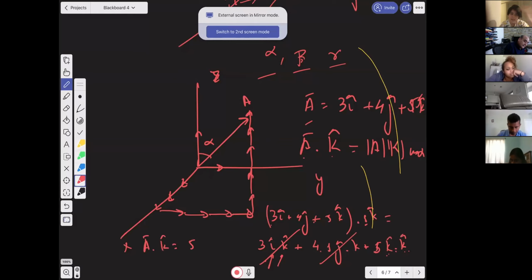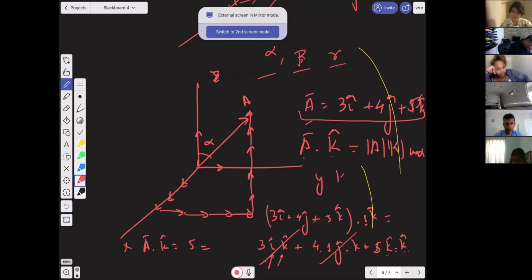Correct? Yes or no? Yes. And equal to what? We already saw, equal to the magnitude of A times the magnitude of k times the cosine of alpha? No. I have two vectors. The first vector is this one.